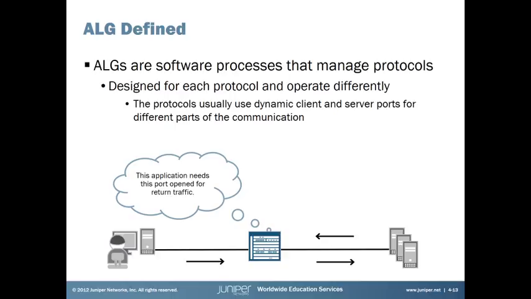And then we say, okay, yes, we're permitting that. Let's create a reverse flow for that. So on a reverse flow, we're going to have the original source address being the destination address, the original destination address being the source address. We're still using the same protocol, and we're just swapping the application ports around as well.